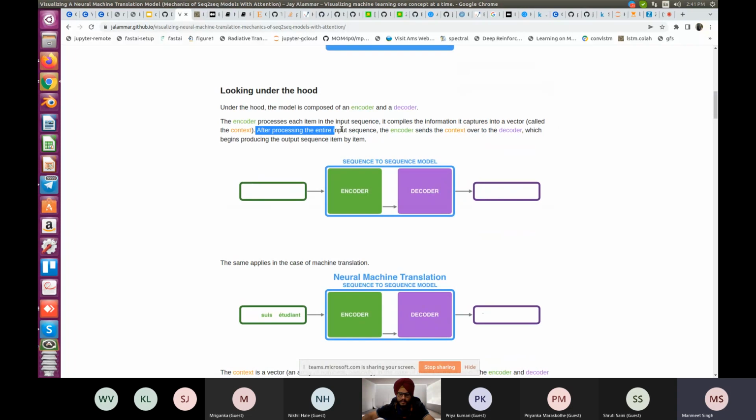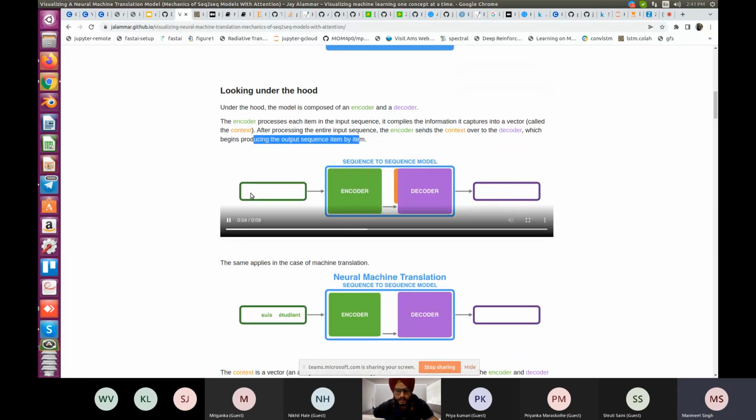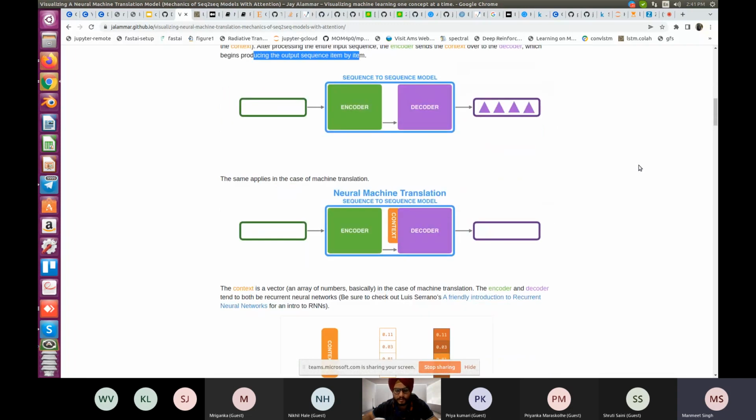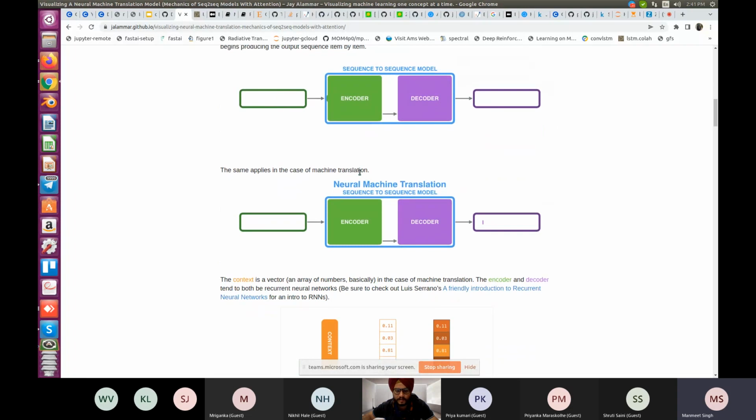After processing the entire input sequence, the encoder sends the context over to the decoder, which begins producing the output sequence item by item. So you see here, this input is passed on to the encoder. Encoder generates a context. Context is passed on to the decoder, and decoder generates the output. The same applies to the case of machine translation.